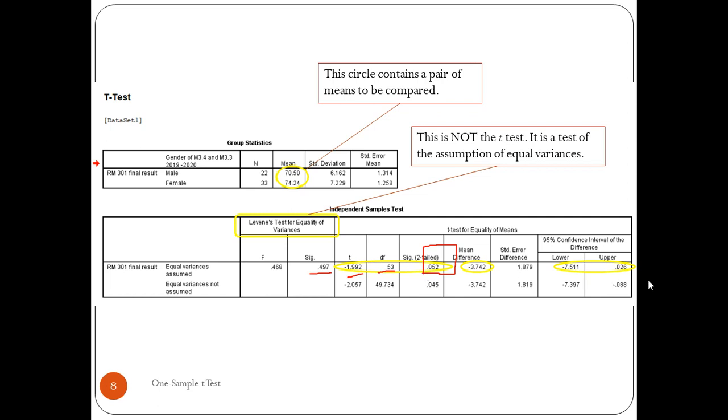Therefore, we go to the last number here. It's the 95% confidence interval of the difference.